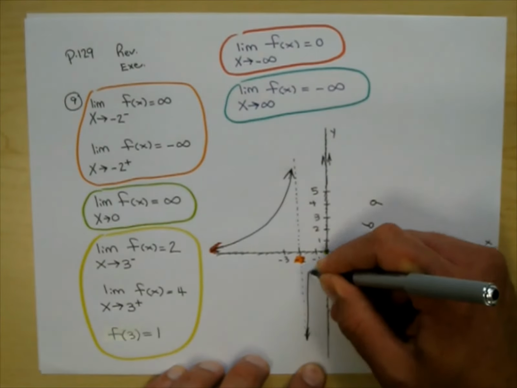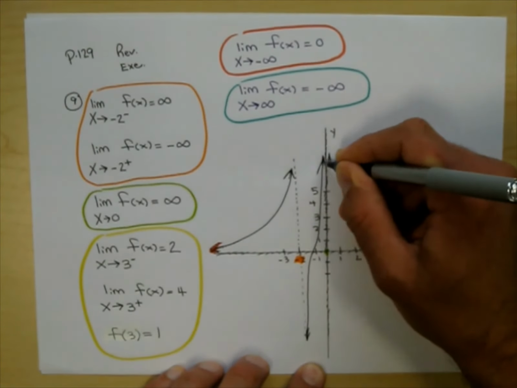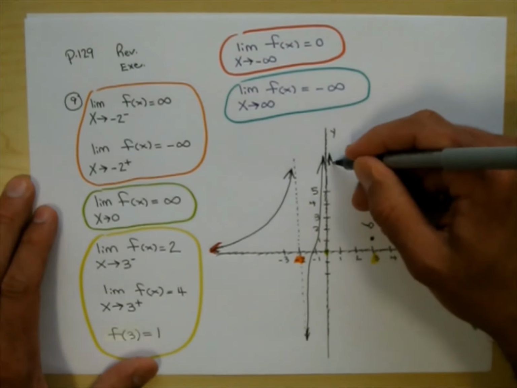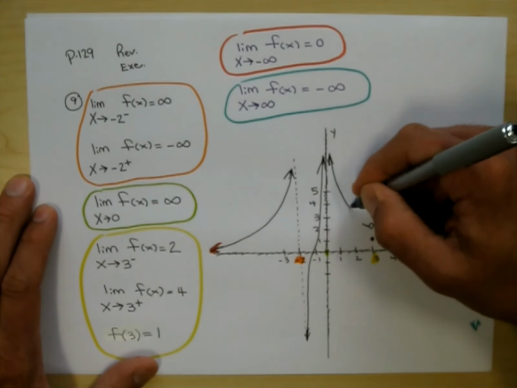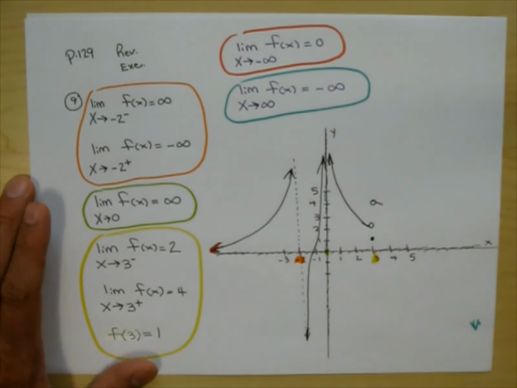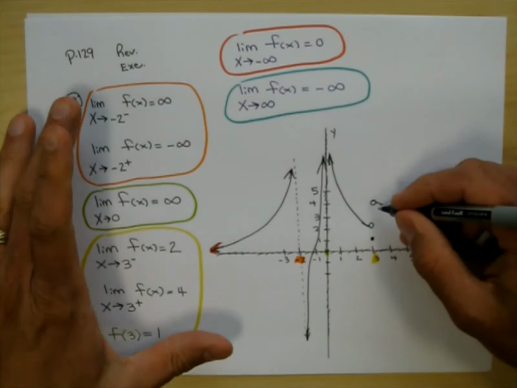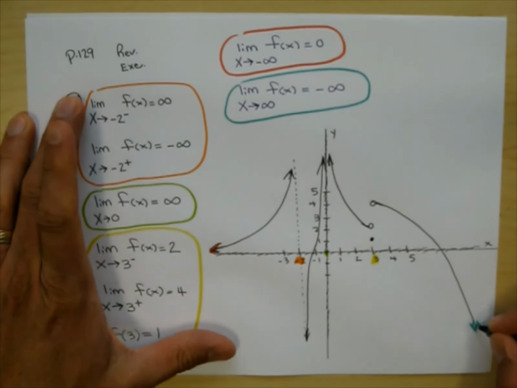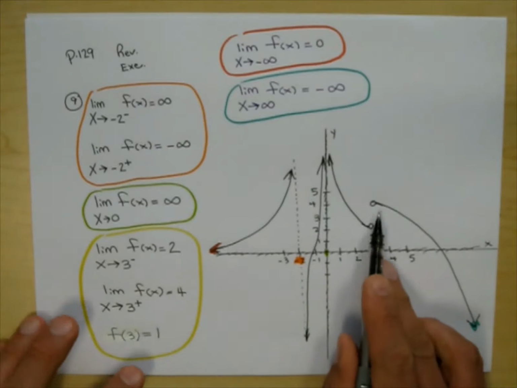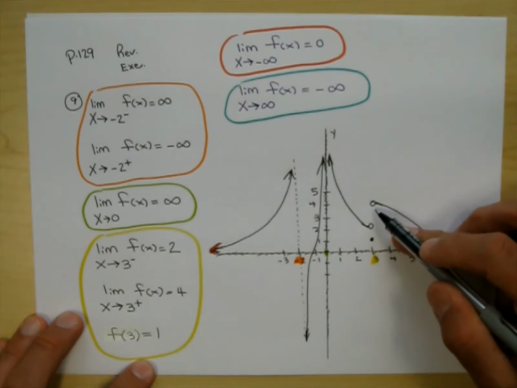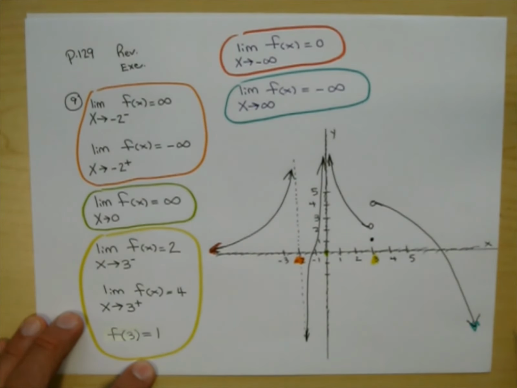So it's going to maybe go up like that, and then it's going to come down, and at 3 it's going to connect to that circle, and then over here it's going to go down, do something like that. Now, of course, this part could have been a straight line going down with slope of -1. So there is some wiggle room, but this is a possible answer for this problem here. And we've had problems like that throughout our homework.